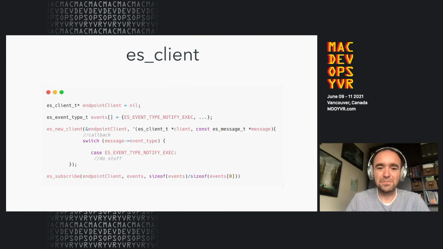And then inside that block, we can handle the events. There are notification events and there are authorization events, so we can deny an action. And at the very end, we call ES subscribe, with which we can subscribe to the endpoint security events. And basically, that's it on a very high level. This is what we need to do.